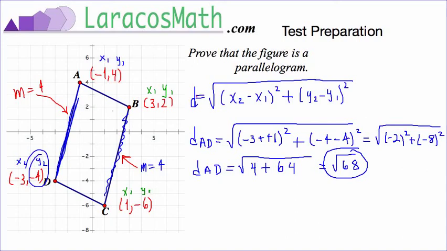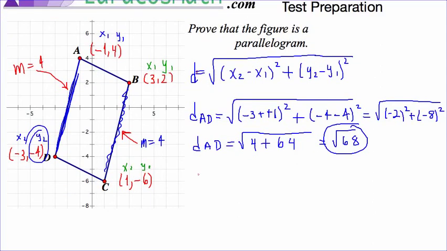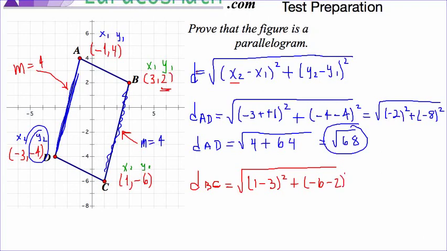So now for distance BC, I'm gonna try to find the distance, and this formula is distance BC equals square root, again x2 is 1 minus x1 that is 3, this goes square, plus y2 that is -6 minus y1 that is 2, and this goes square also.